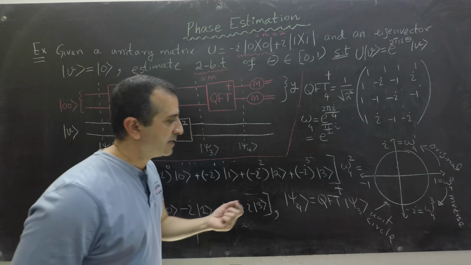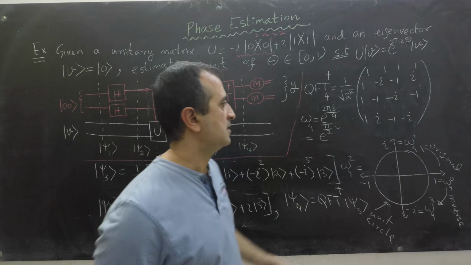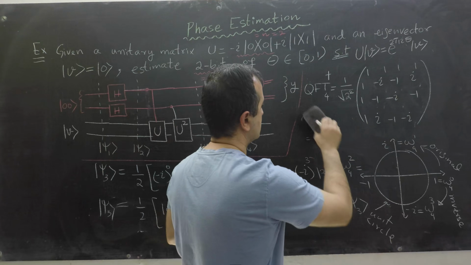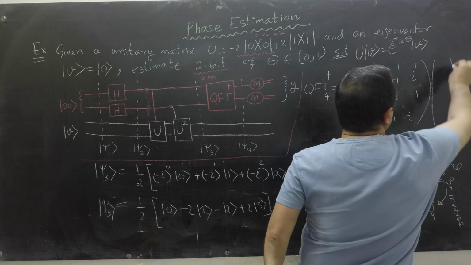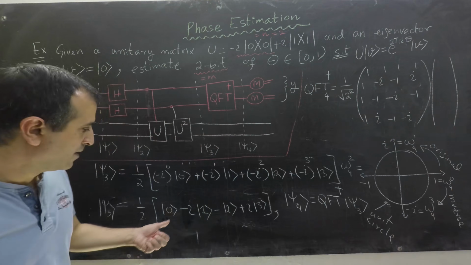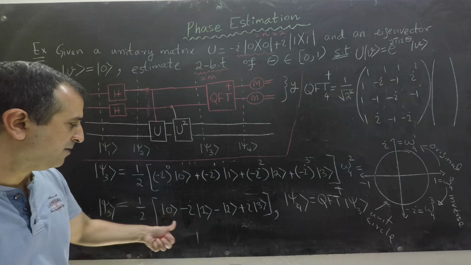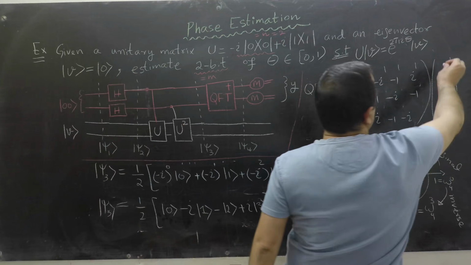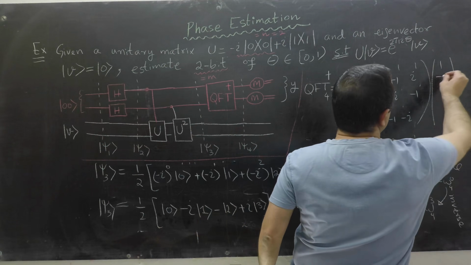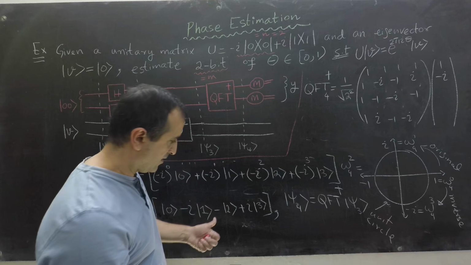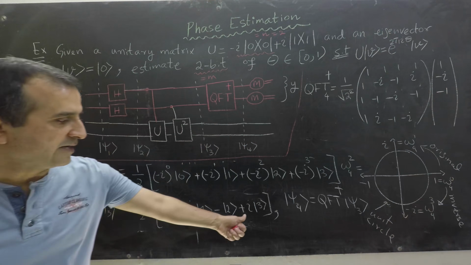Now to calculate ket psi 4, I have to multiply my ket psi 3 with this matrix. So let's do that. My first entry of the vector is 1, because ket 0 is multiplied by 1. So I write 1 here. The second entry is minus iota. The third entry is minus 1. And the final entry is plus iota.